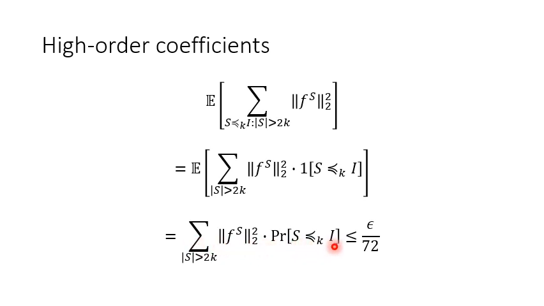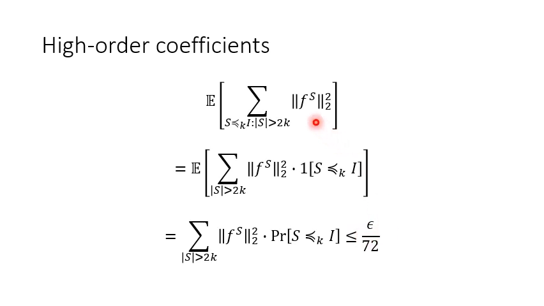We have bounded this probability from above by epsilon over 72, so we can take it out of the summation, and then we only have this sum left. But f is a real valued function, so because of Parseval's identity, this sum is smaller than 1. So overall, this total expression will be smaller than epsilon over 72, so this expectation is smaller than epsilon over 72.